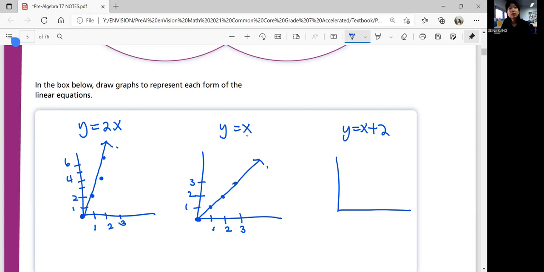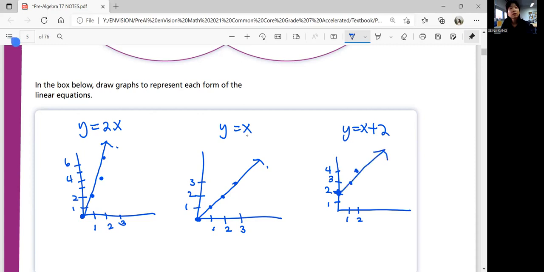What about y equals 2x plus 2? Well, when x is equal to 0, your y is 0 plus 2. So that means you have a starting y-intercept at 2. Okay, it doesn't start from 0. When x is 1, it becomes 3. When x is 2, y is 4, and so on.